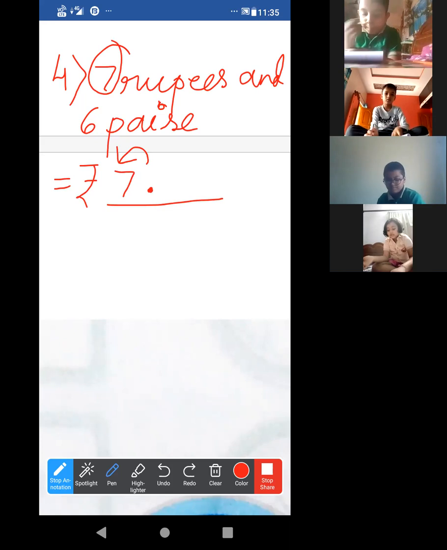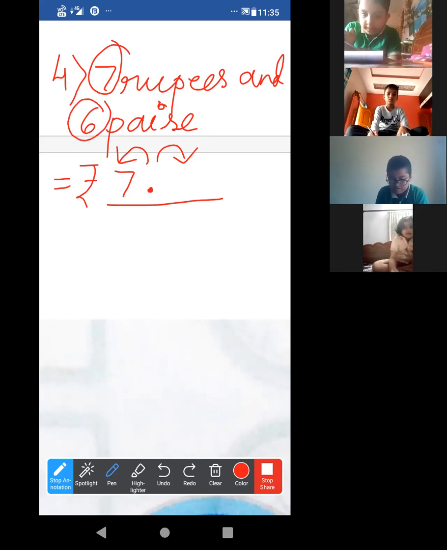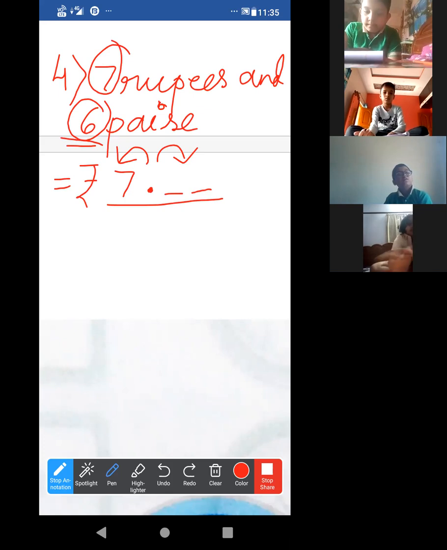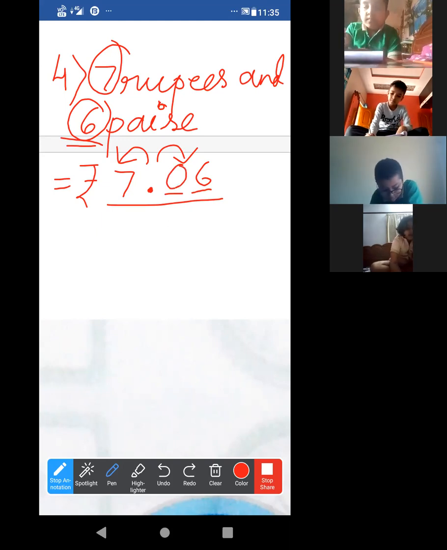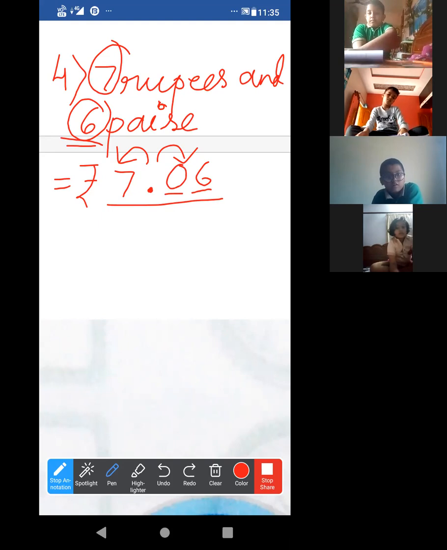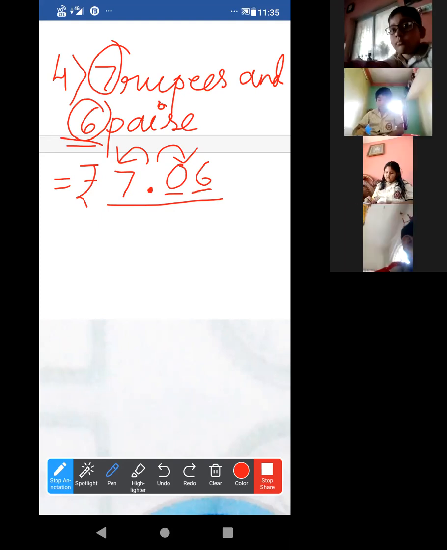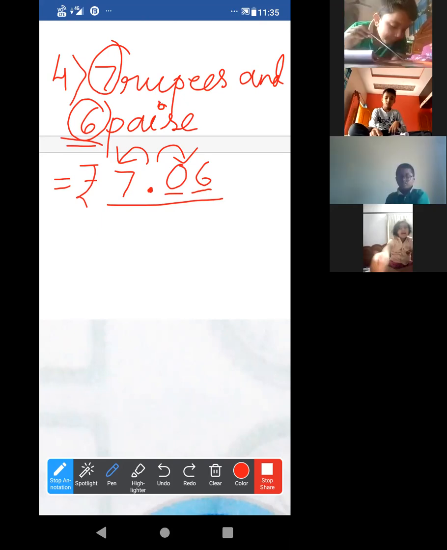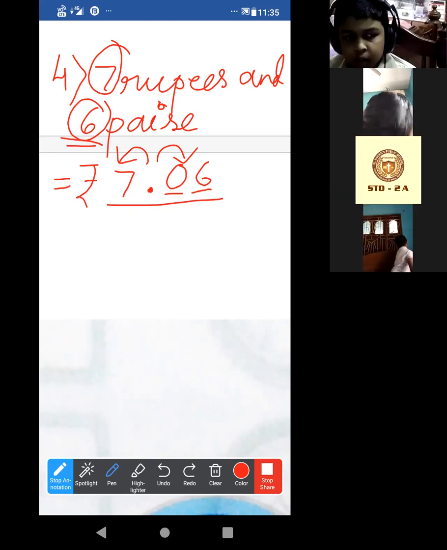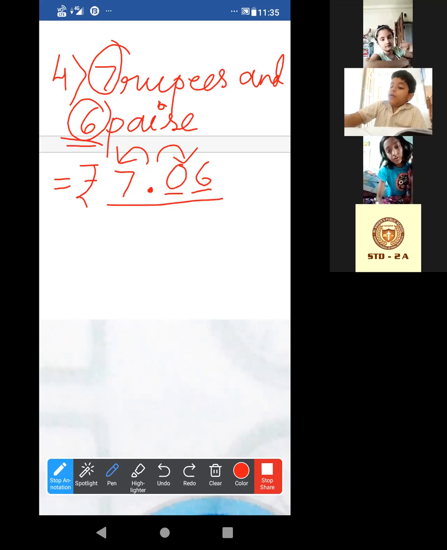But after the point, to the right side, we will put paise. But paise will always be in 2-digit form. But here only 6 is given, a single digit. So always put that 6 in the last place. It will be 06. Got it though? Everybody, Anubhav, Solanki, understood? Shanvi, Pushpa, Devi, Shreyam, Aratrika, understood?